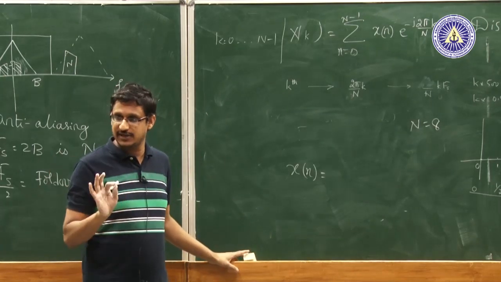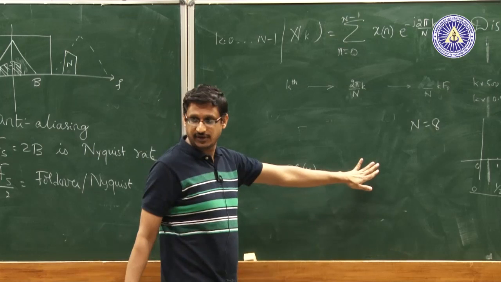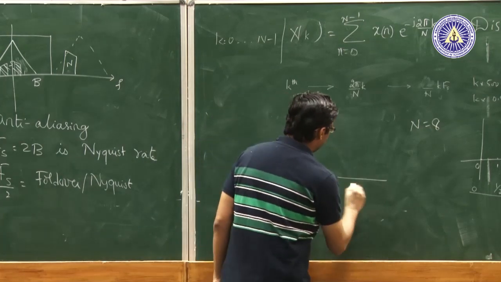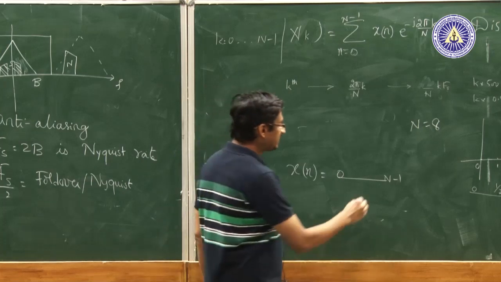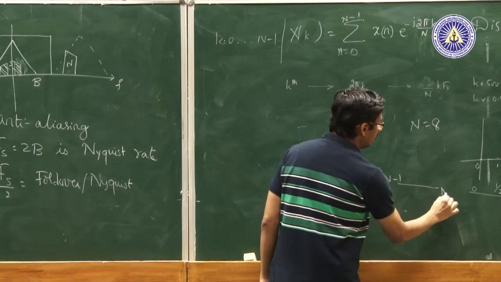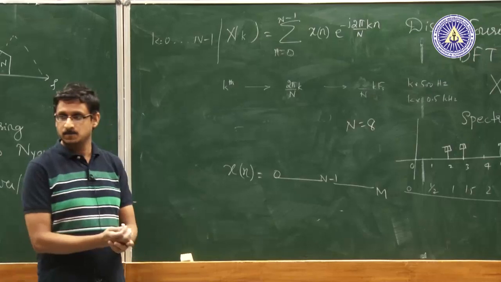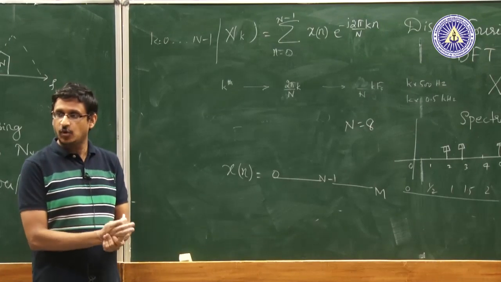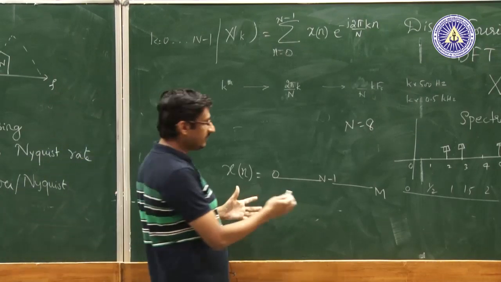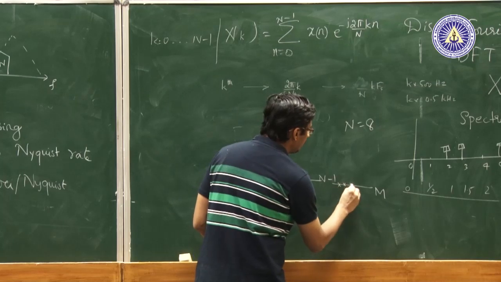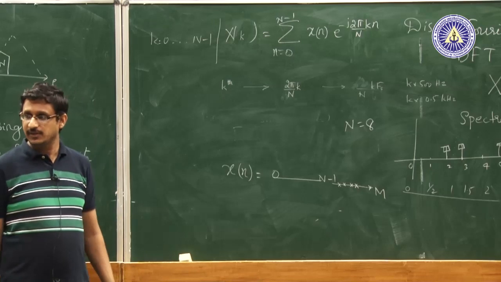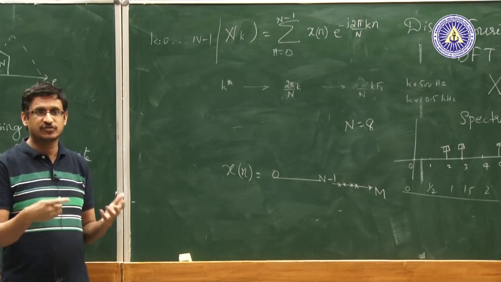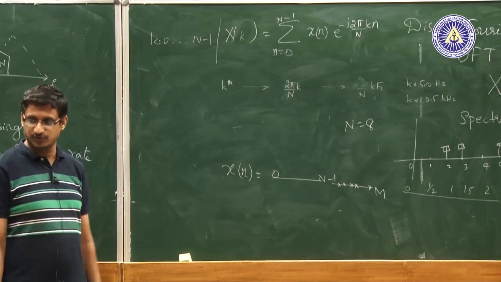I know that originally this was defined from 0 to N minus 1. I can extend the range up to M, and when I extend the range, I make the added values 0. I add zeros. This is called zero padding, or appending zeros.